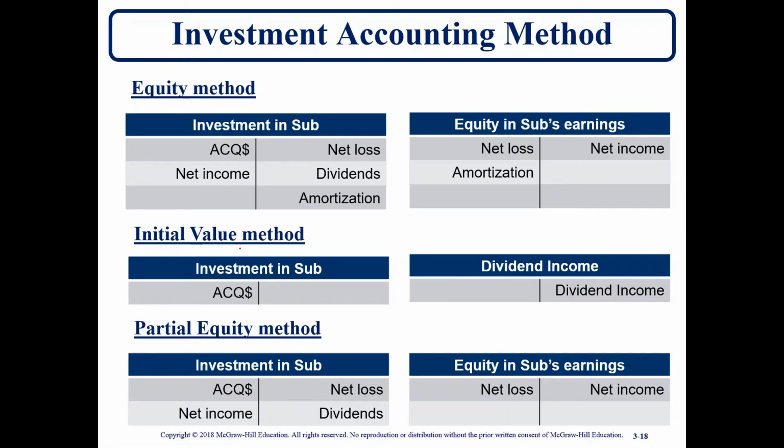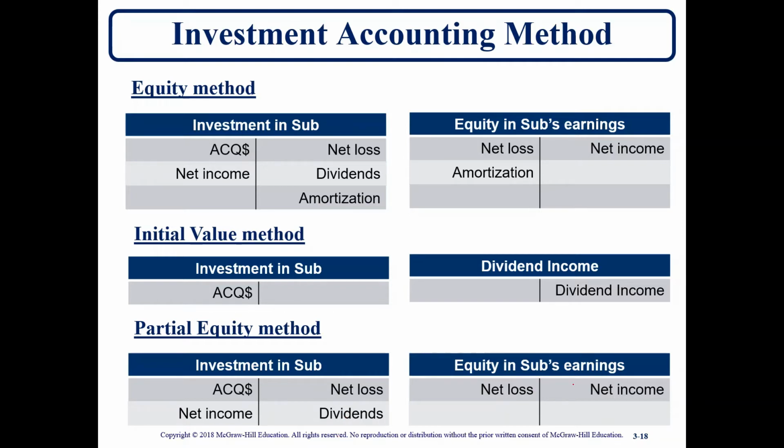And then for the initial value method, we have the investment in sub account, which is just the consideration transferred, and we have a dividend income account on the income statement. We have the investment in sub account for the partial equity method, but note that we don't have the amortization here. So it's exactly the same as the equity method, but no amortization.